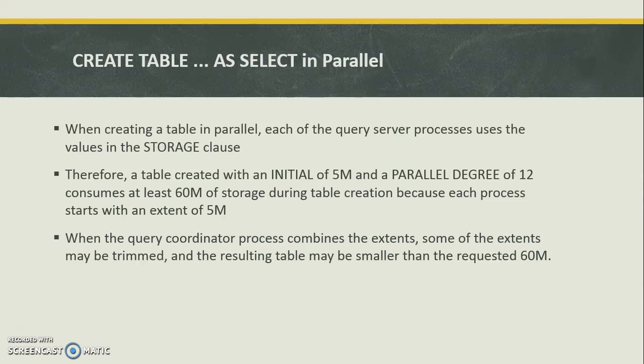Therefore, a table that is created with an initial extent of 5 MB and a parallel degree of 12 will consume at least 60 MB of storage during the table creation. Why? Because each process will start with an extent of 5 MB.